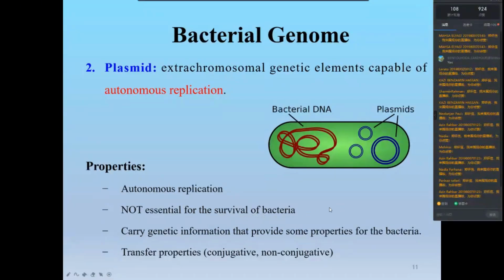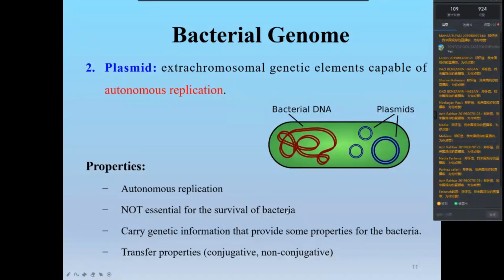This is what we mentioned previously. The plasmids can carry some genes which can contribute some property to the bacteria, but they are not essential for the survival of bacteria. If the bacteria somehow lose some plasmid, they can still survive.